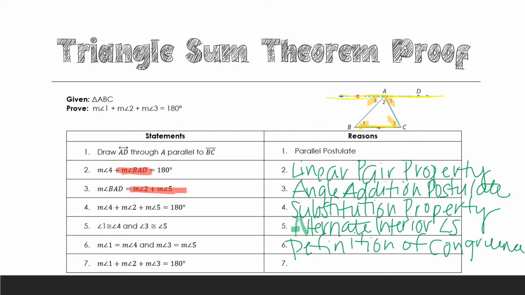All right, and then that final step, what I'm going to do is take the measure of angle 4 and replace it with the measure of angle 1 since they are equivalent. And then I'm also going to take the measure of angle 5 and replace it with the measure of angle 3 because they're equivalent. And so when I do that, that gives me the measure of angle 1 plus the measure of angle 2 plus the measure of angle 3 equals 180, which was what I was trying to prove.